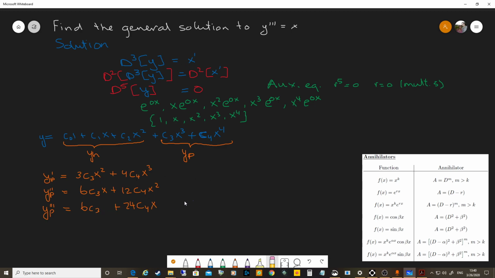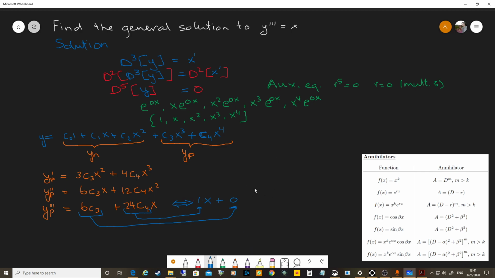How does that compare with x? Well, we can think of that as 1 times x plus 0. So here's the term with x, and so we see that 24c4 is going to be 1, and then 6c3, that's our constant term, will be 0.